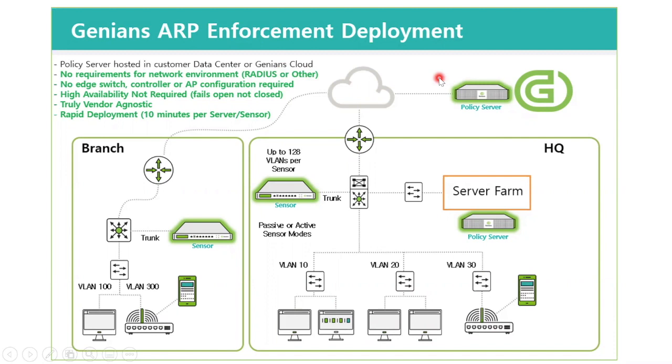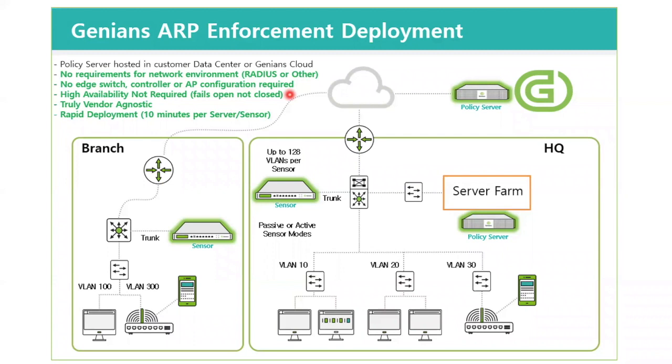You can also host that in the Genians cloud. You do not have any requirements of your network environment to support RADIUS or SNMP or port mirroring or anything else. So it almost makes the network environment irrelevant. Because of that, you don't have to go out and configure your switches, your controllers, or your access points. No configurations are required for the policy enforcement portion of the integration.